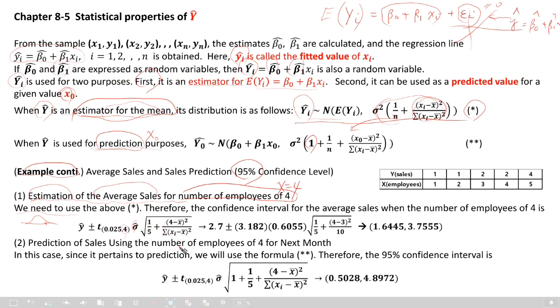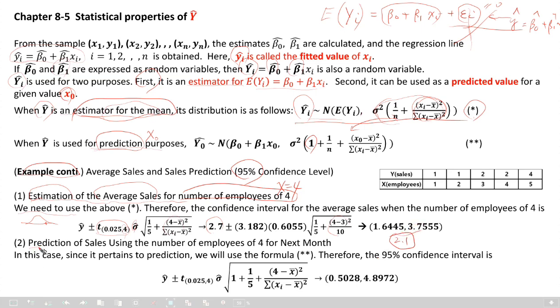The result: fitted value 2.7 plus minus 3.182, the value of t, times sigma hat 0.6055 times square root of 1 over 5 plus this one. So the result is 1.6445 to 3.7555, a width of about 2.1 for the confidence interval.